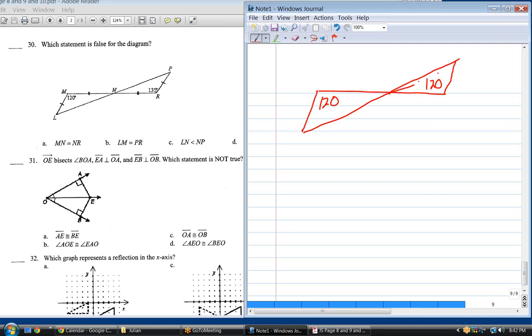In fact, they'd be congruent, based on side, angle, side. We have side, angle, side the same as this side, angle, side. So if this was 120 instead of 135, LN would be equal to NP.